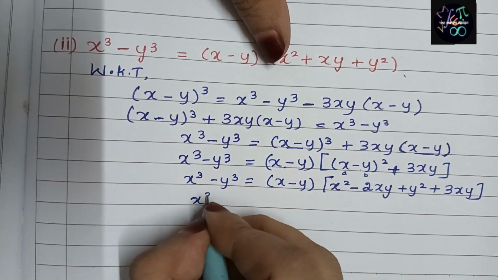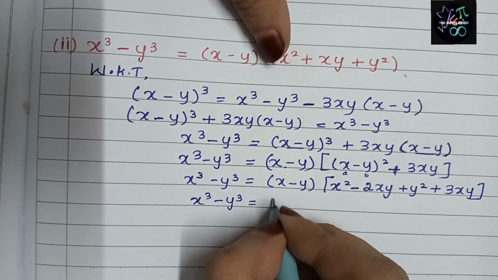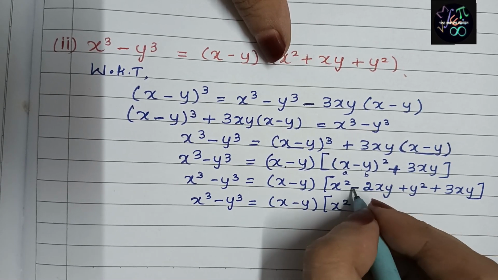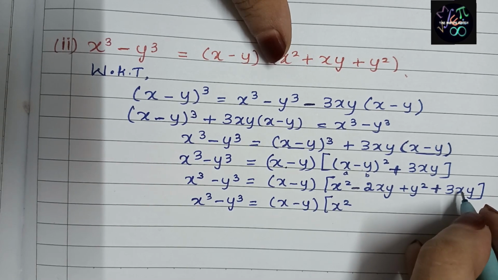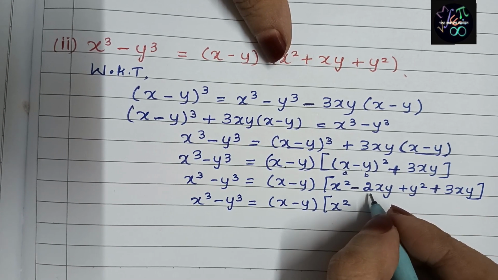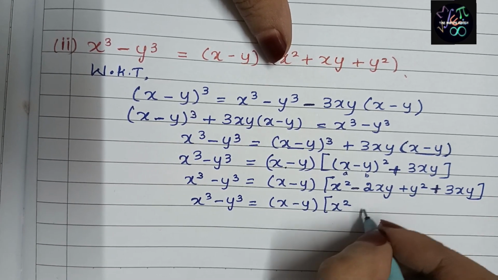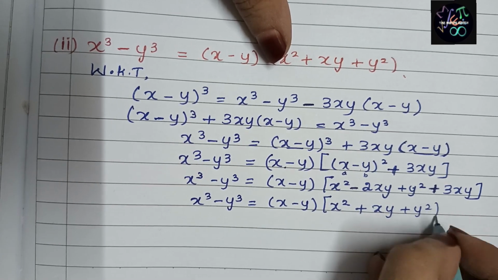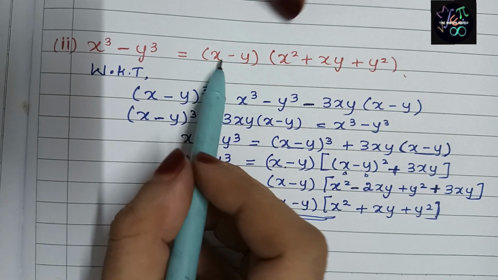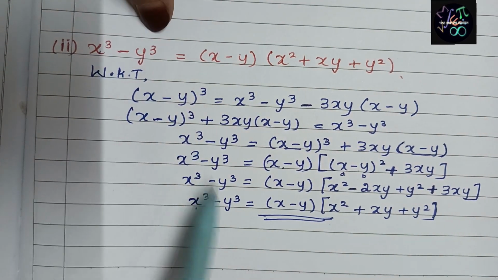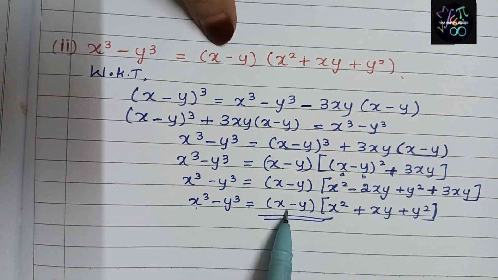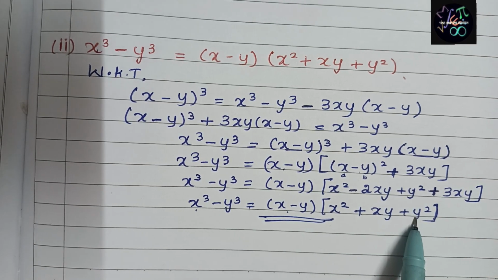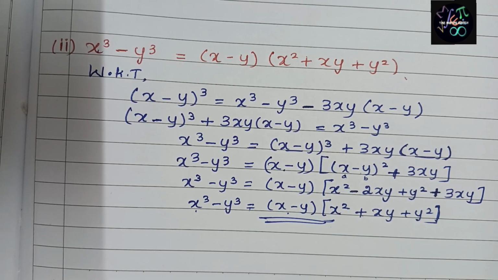Then x square minus 2xy plus 3xy: from 3xy, if we remove 2xy, it is 1xy, so plus xy, plus y square. This is what they asked us to prove. You can see x cube minus y cube is equal to (x minus y)(x square plus xy plus y square). In this way we have to solve and verify these questions.